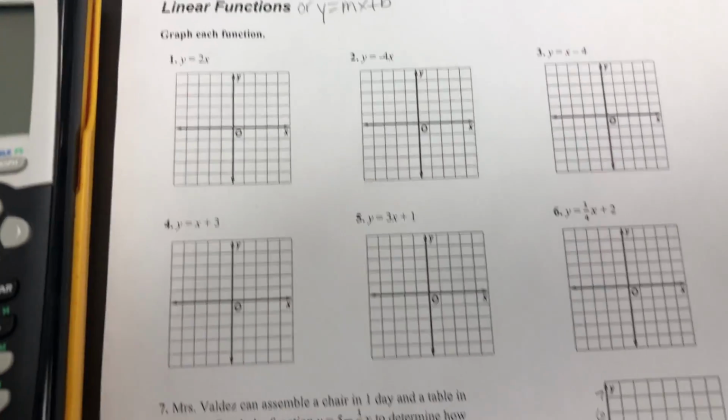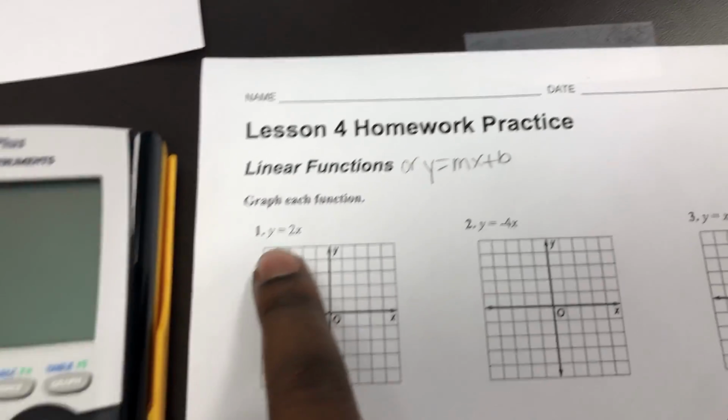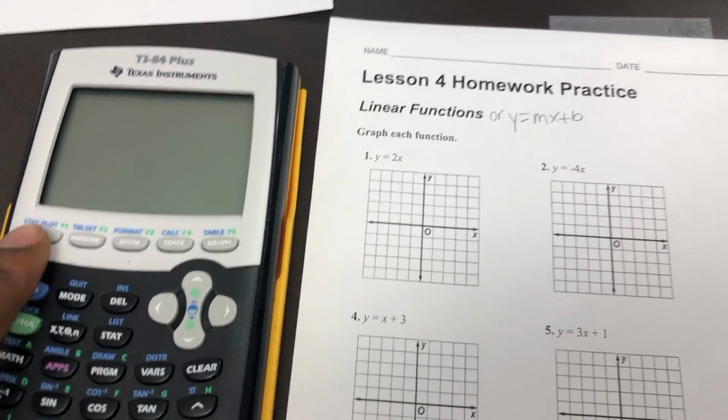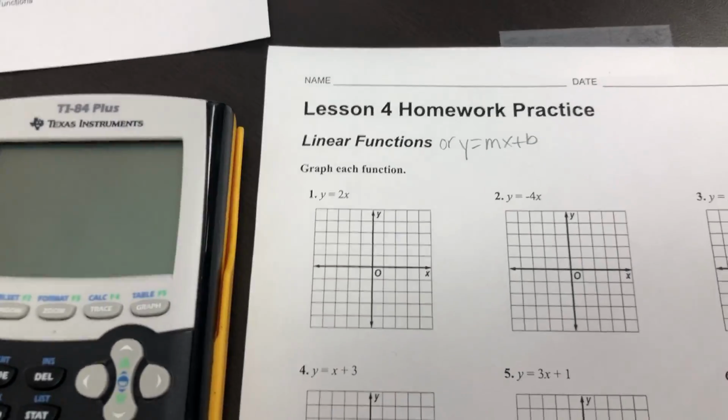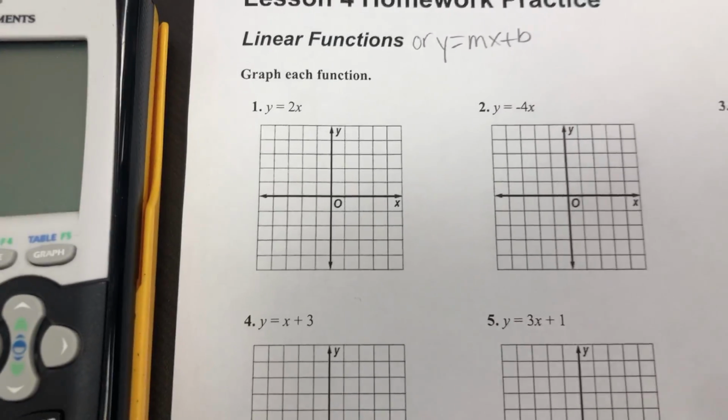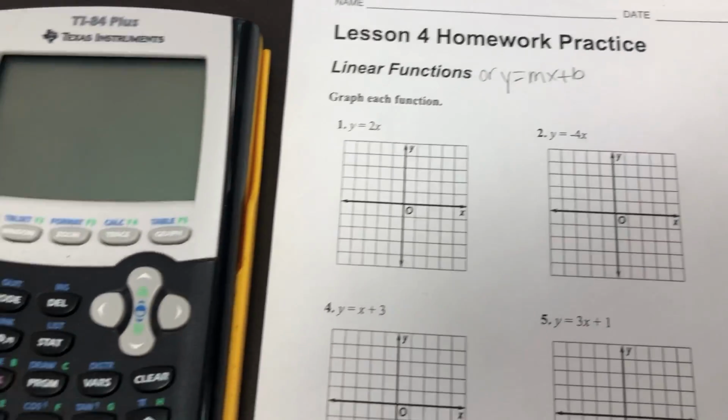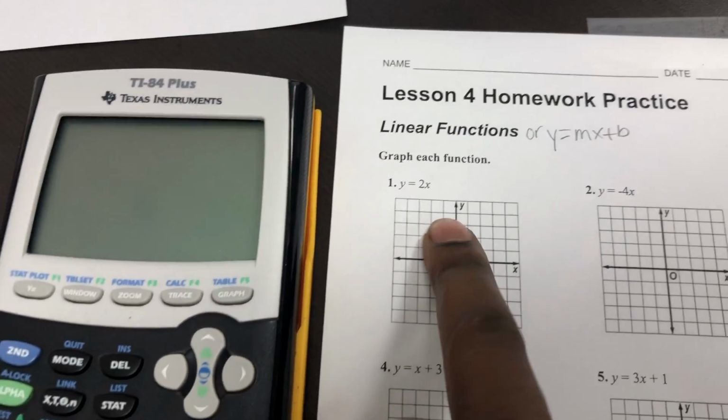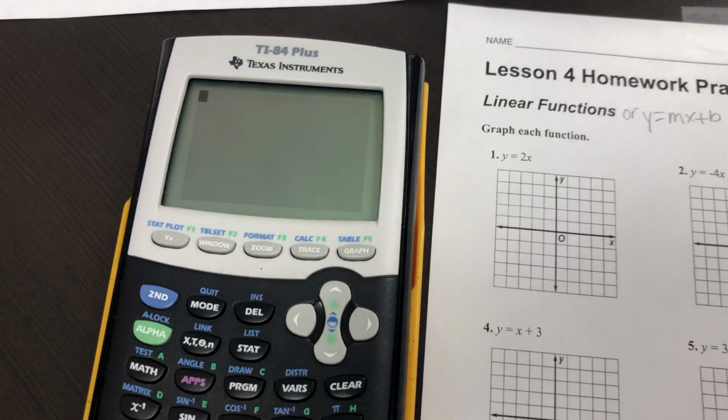But an easier way that I would do it is just by taking these equations and plugging them into your y equals, getting 2 points, any 2 points you want to, and just plotting them and then making your line that way. So like on number 1, it says y equals 2x.